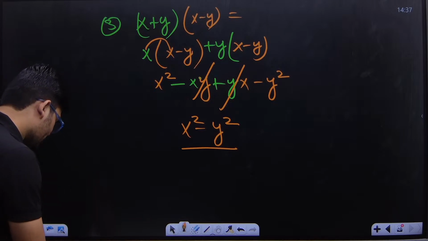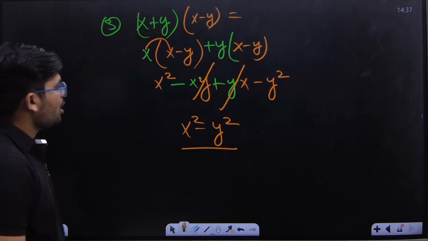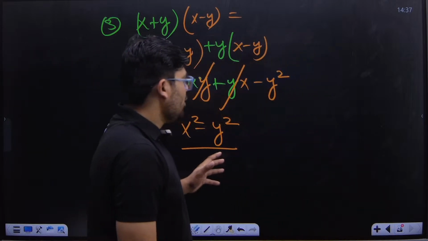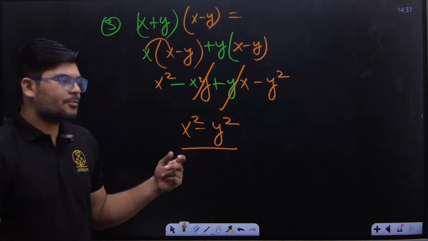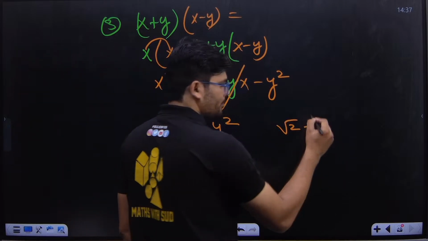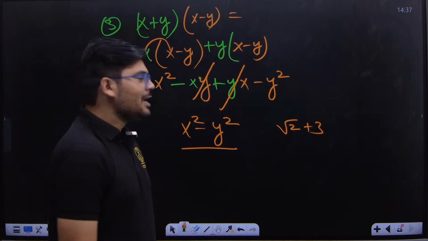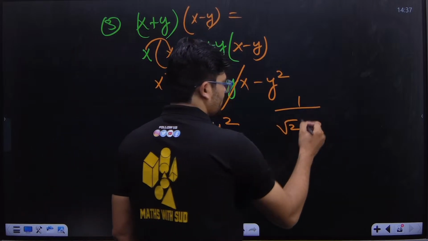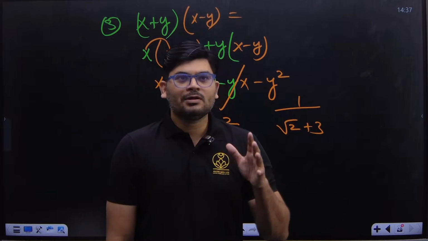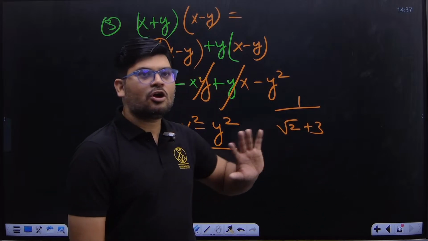Now how is this useful? If I want to rationalize a number, suppose I'm having under root 2 plus 3, and I am having this in the denominator. First of all, I forgot to tell you that under root in the denominator is not allowed in mathematics.